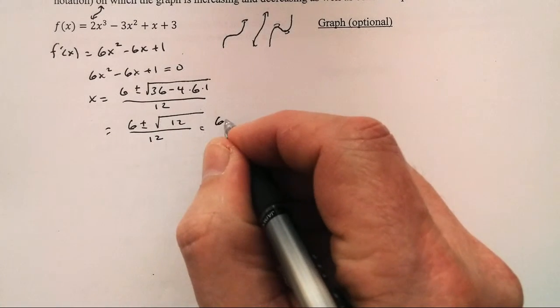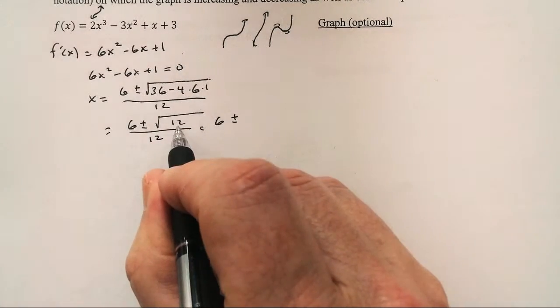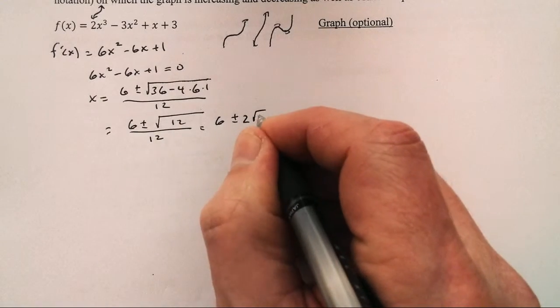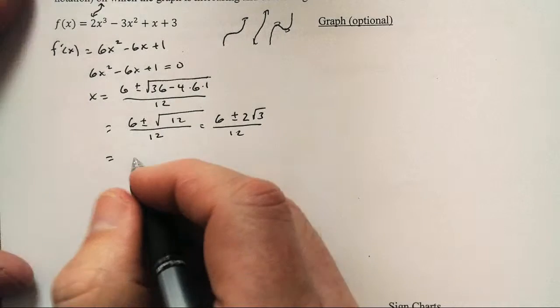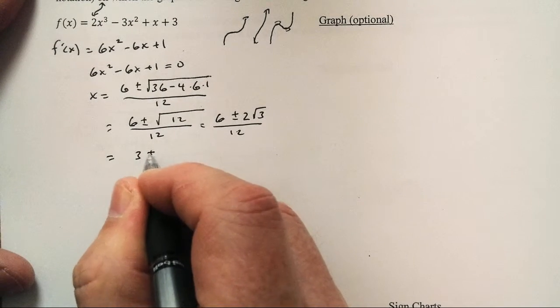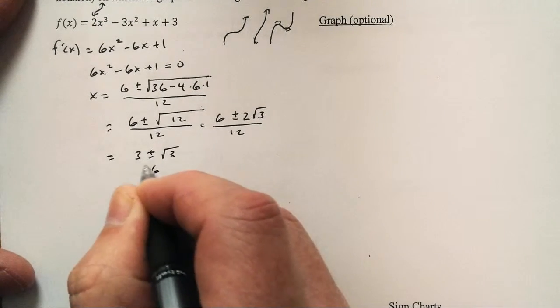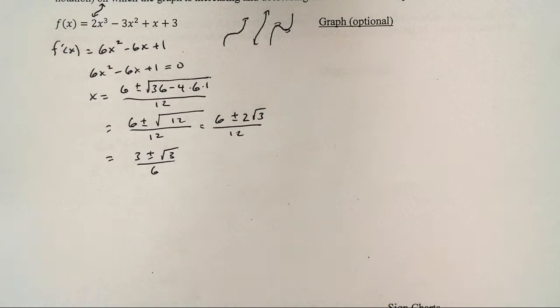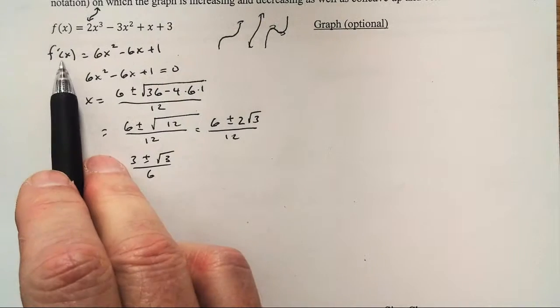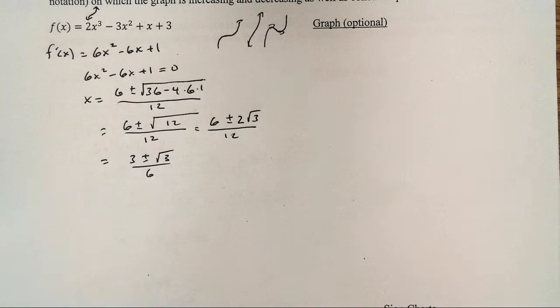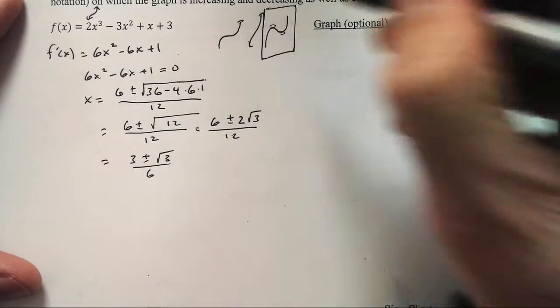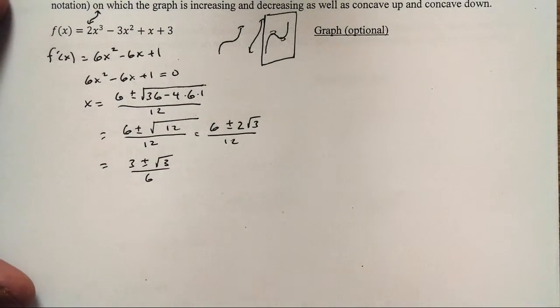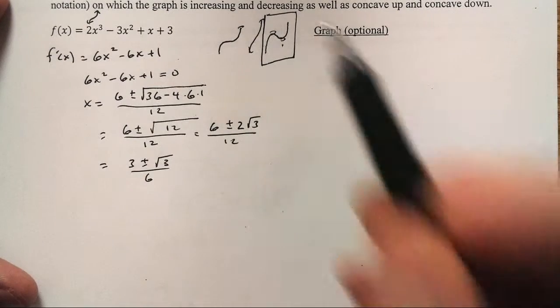So we end up with 6 plus or minus the square root of 4 times 3, 2 square root of 3, over 12. So the final answer would be 3 plus or minus square root of 3 over 6 when we divide the top and bottom by 2. So there are our zeros for the first derivative, which tells us that there are two places where the graph levels off. The graph looks like that. We have a maximum. We have a minimum.